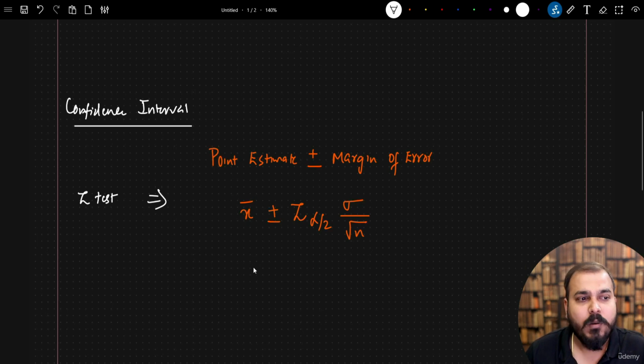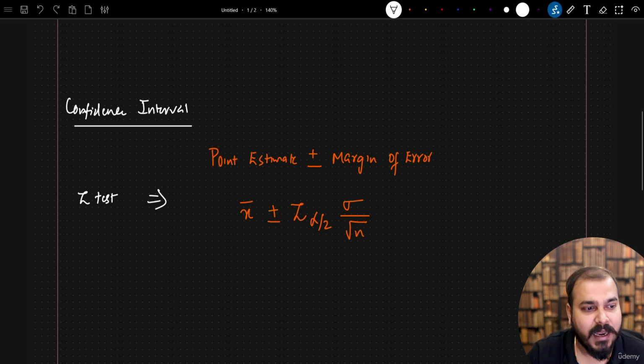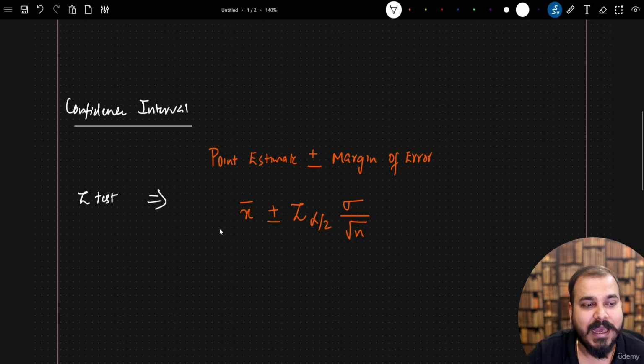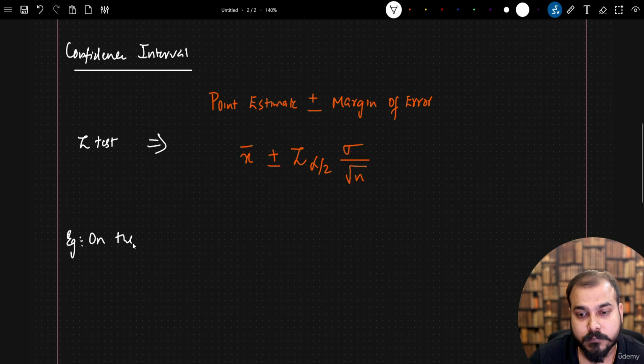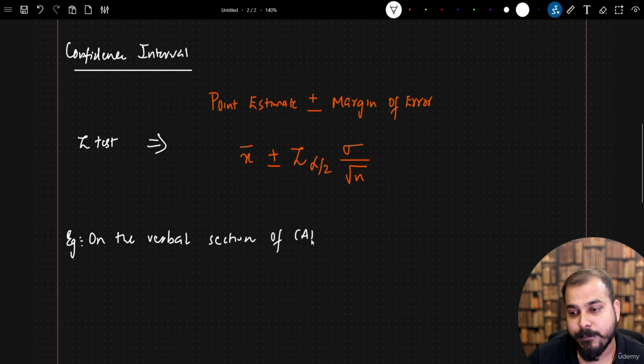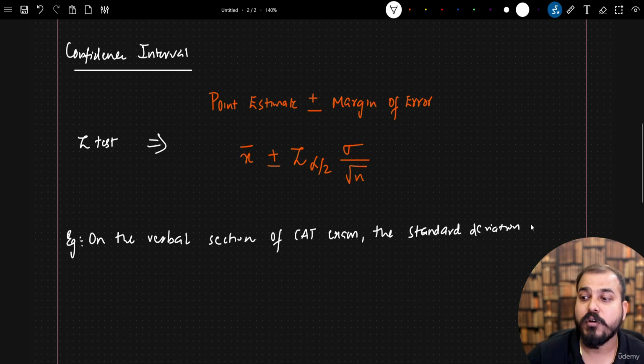Okay. Now, let me show you one example and show you how we can calculate it. I'll take a very simple example and we'll try to calculate the confidence interval. So the example is on the verbal section of the CAT exam, the standard deviation is, now if population standard deviation is given, what do I have to use?